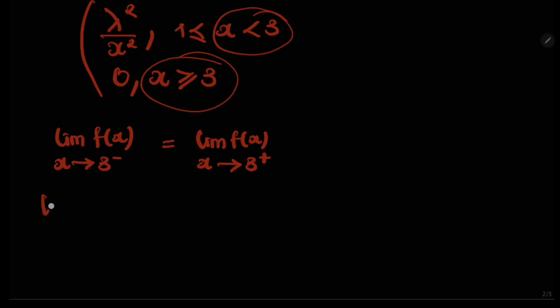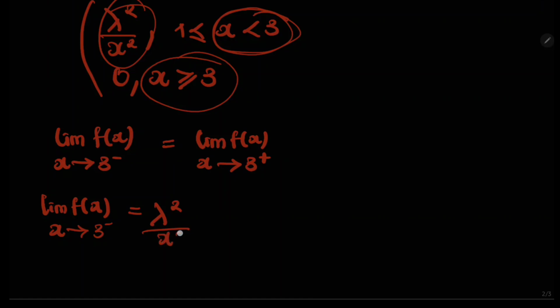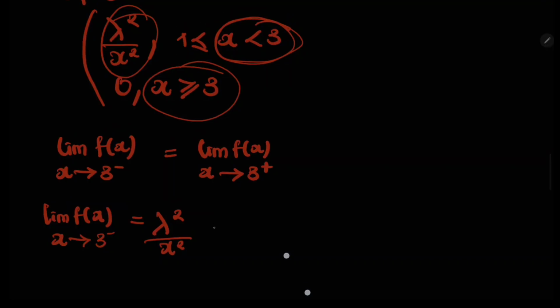So let's take the first one, the limit of f of x as x goes below 3. Here x is below 3 because we have x less than 3. So we'll have lambda squared divided by x squared. Remember, x is going below 3.